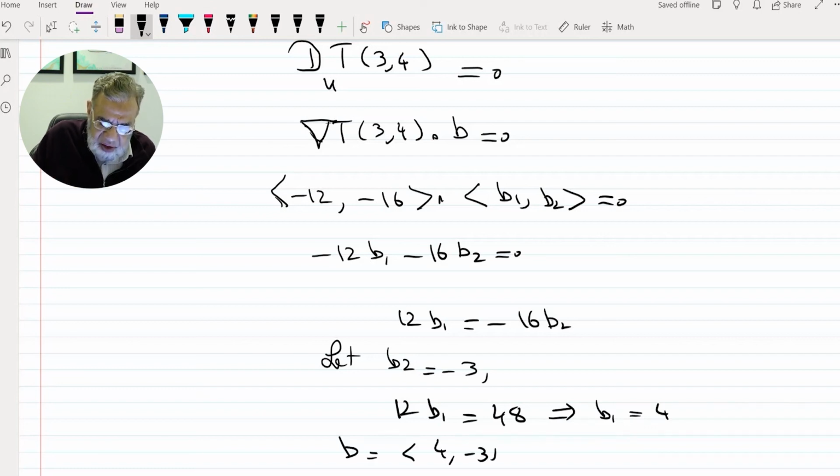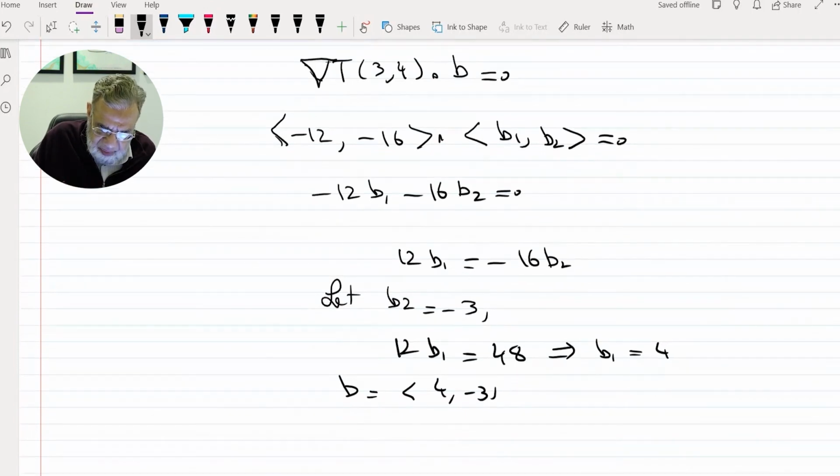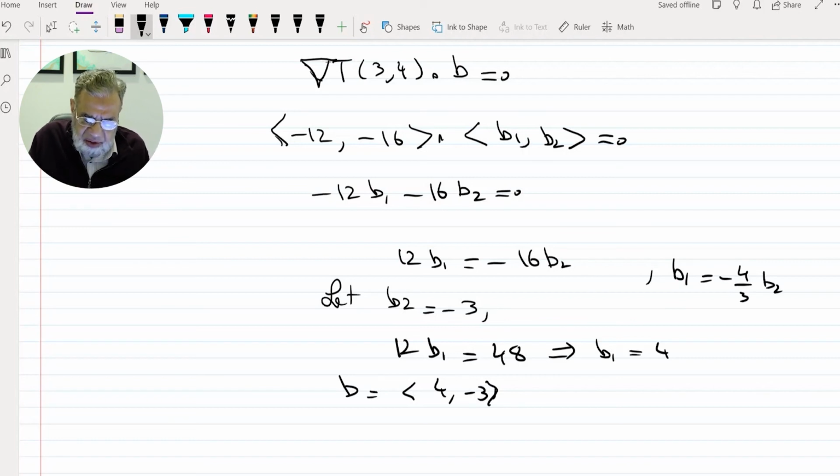We can rewrite this as b1 equal to minus 16 over 12, which is minus 4 over 3 b2. So when b2 is 3, b1 is minus 4; when b2 is minus 3, b1 is 4, and so on.